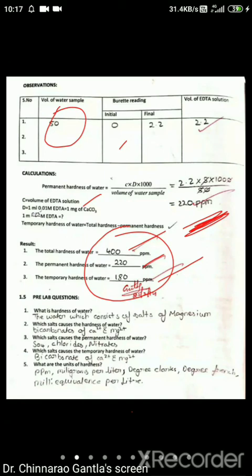Get the reading. Total hardness is equal to C into D into 1000 by volume of water. C is the burette reading, D you calculated, that value is 5, and volume of water is 50. You should calculate that 400 ppm is formed. That's enough.